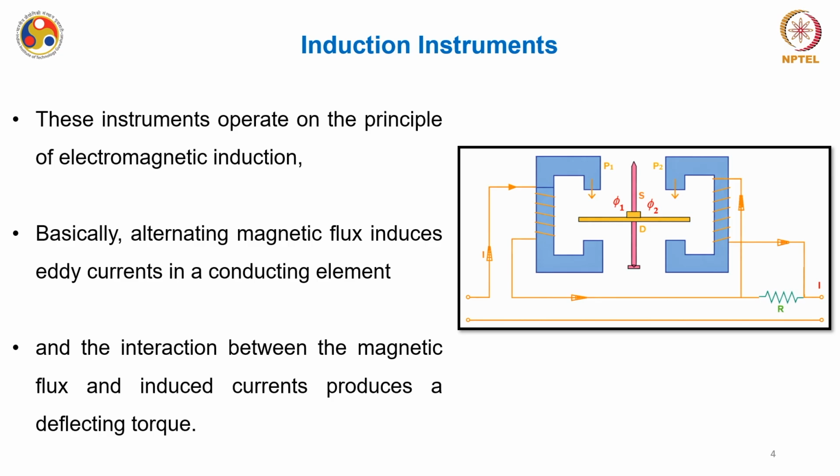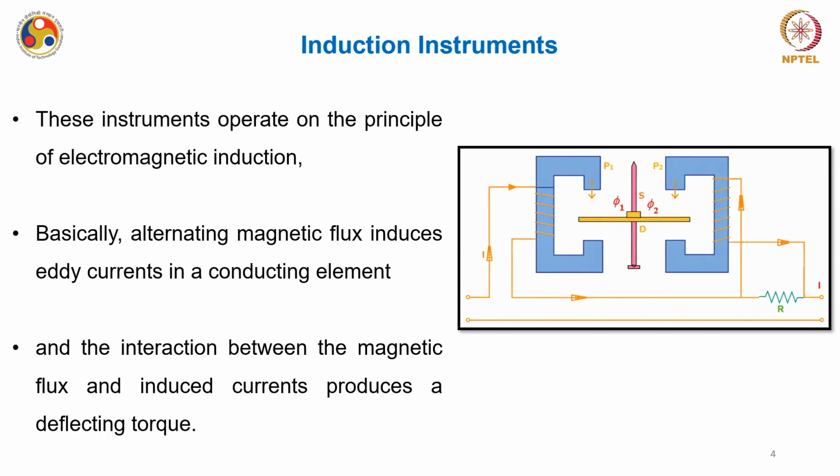These instruments operate on the principle of electromagnetic induction. We have seen that in PMMC we were using permanent magnets, but in this case we are mostly using electromagnets. Alternating magnetic fluxes induce eddy currents in the conducting element. We will see what the conducting element is.